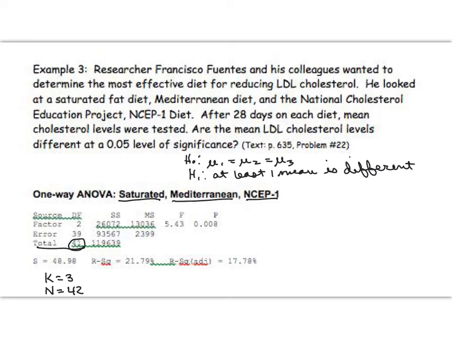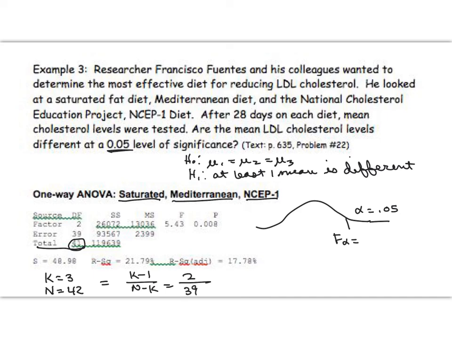Okay, and then if I draw a picture, and we're looking at a 5% significance level, we need F alpha. So let's do our degrees of freedom. K minus 1 over n minus k is going to be 2 over 39.